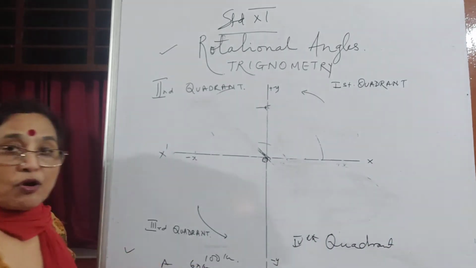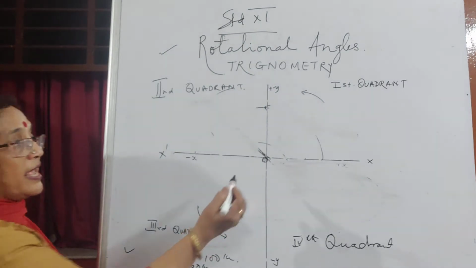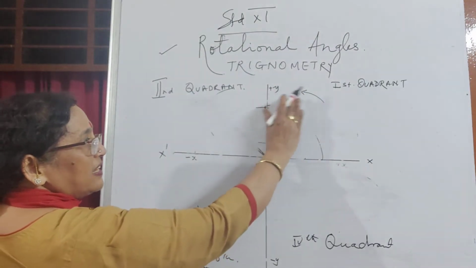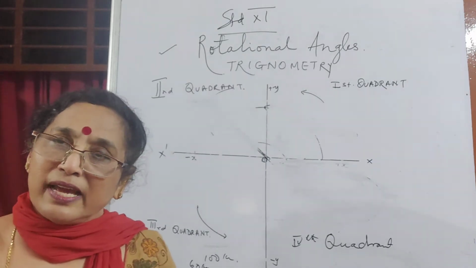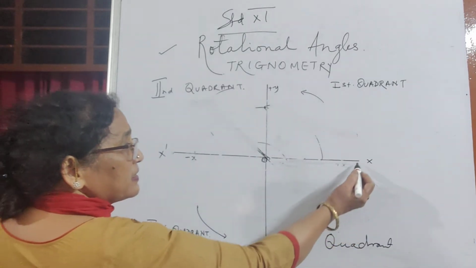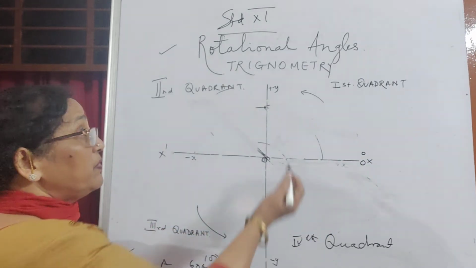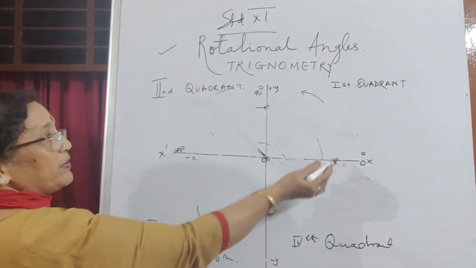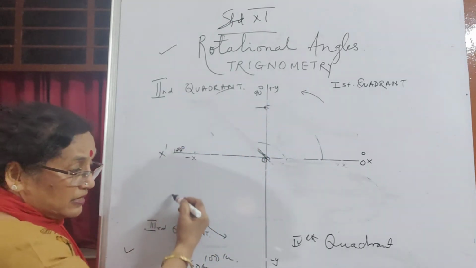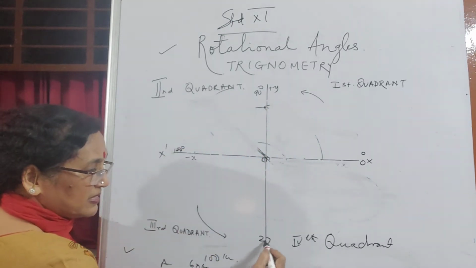We are going anti-clockwise. Any angle in this region is an acute angle, an angle less than 90. So this is 0 degrees. Let's go degree-wise also. Then we come to 90 degrees. This is 180 degrees, one semicircle. Then we come here, it's 270 degrees.